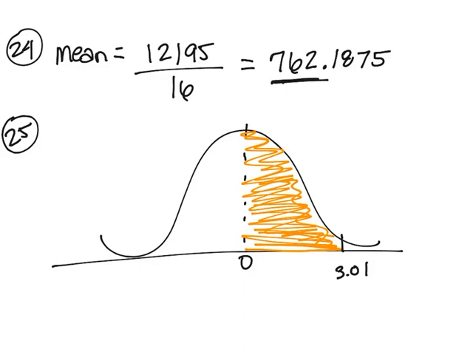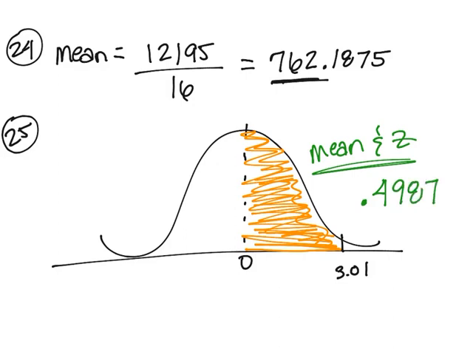I'm saying start at 0 and go to 3.01. That's going to be straight mean and z. Okay? So if you go look at 3.01's mean and z-score, you just get 0.4987. That's that measurement. Y'all see that?